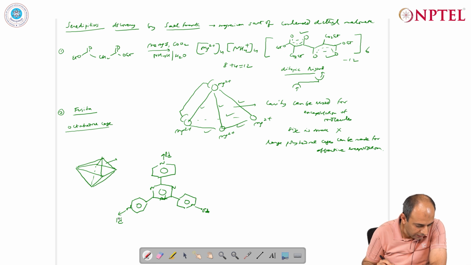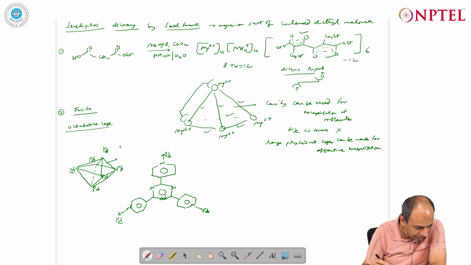So, to start with, we can have palladium sitting here at all the 6 centers, and we have then the 6 ligands which are present here.